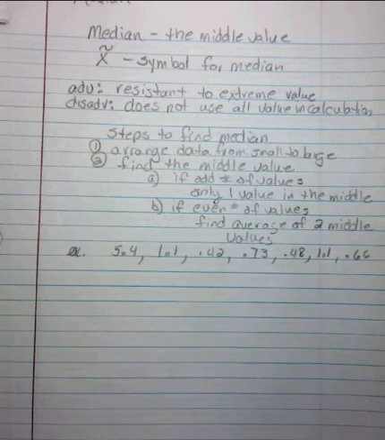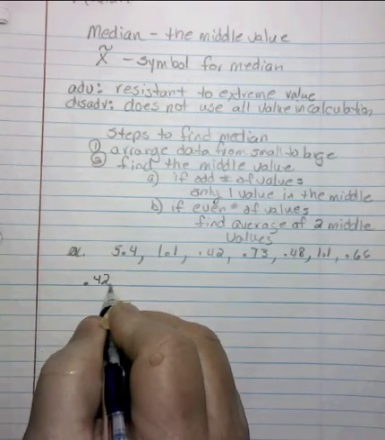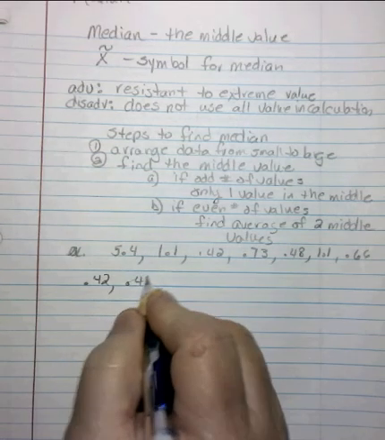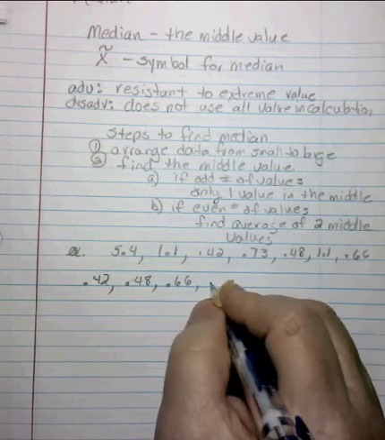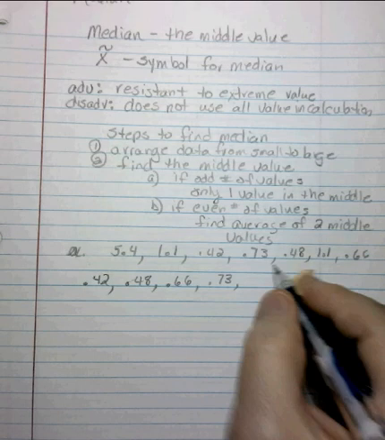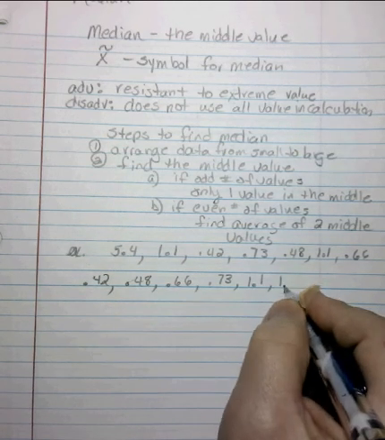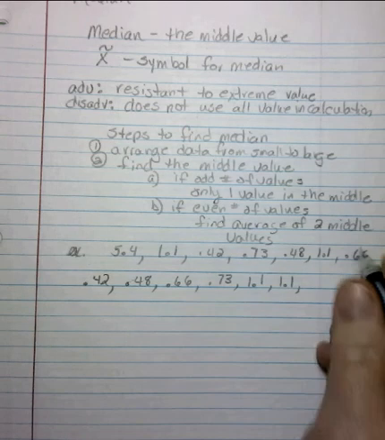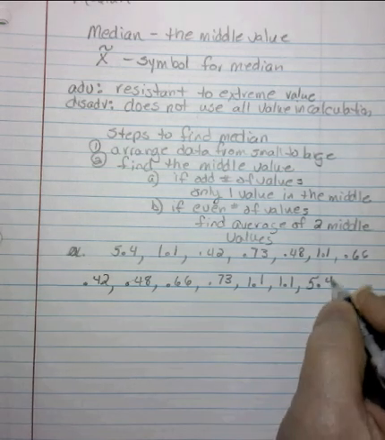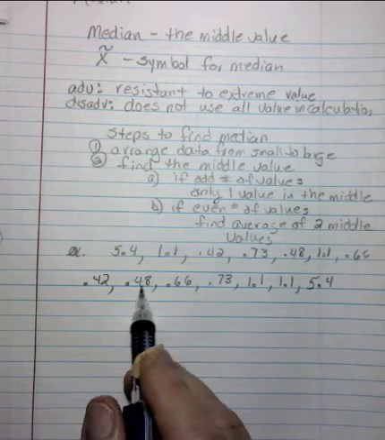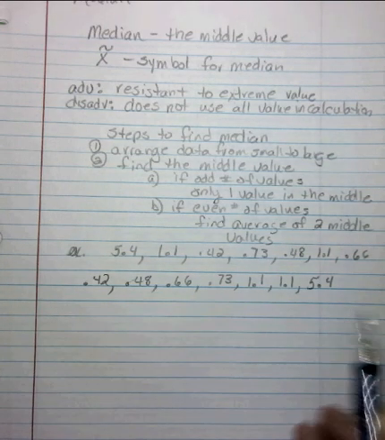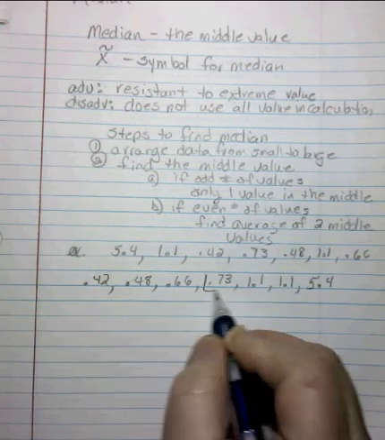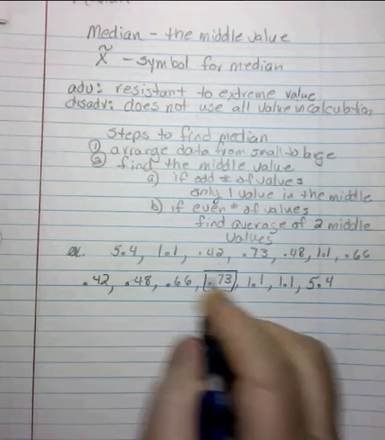So our smallest item is 0.42, then 0.48, then 0.66, then 0.73, then 1.1, 1.1, it doesn't matter that it occurs more than once, and then 5.4. We have 1, 2, 3, 4, 5, 6, 7 items, and since this is an odd number of data items, we have one item in the middle, so the very middle item, 0.73, is the median.